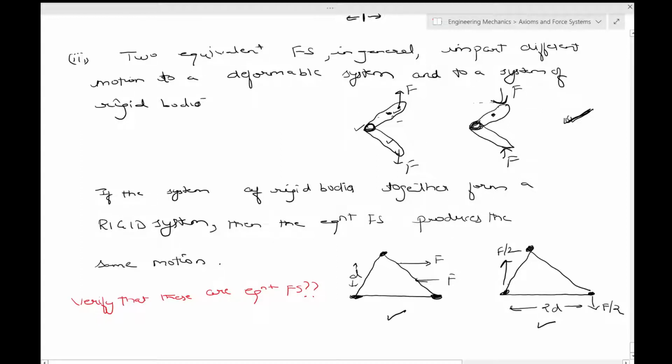Now once this is done, you have to confirm that they actually form a rigid system. A rigid system in the sense that the system as a whole will not be deforming. And that is quite obvious with the figure over here, because you can see how the forces are acting. So this system itself will not be deforming, unlike this particular case over here.